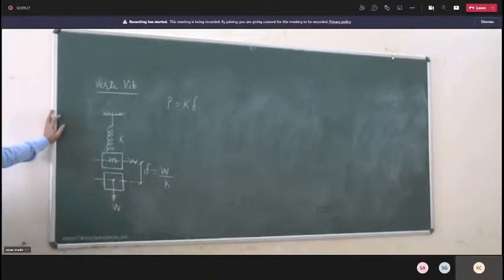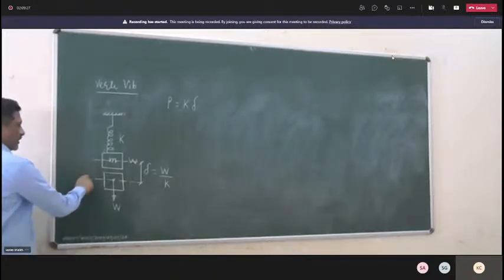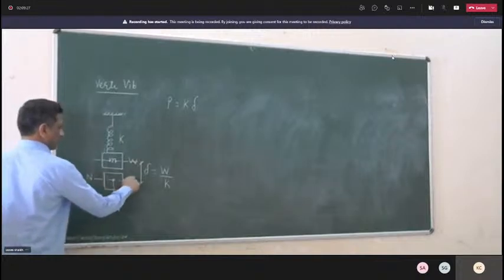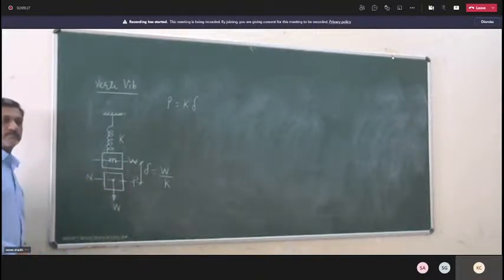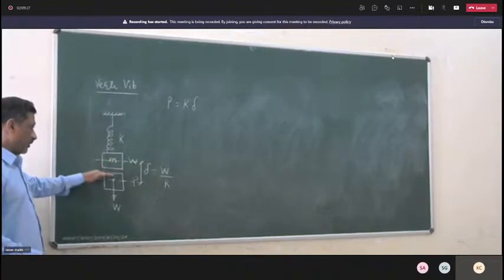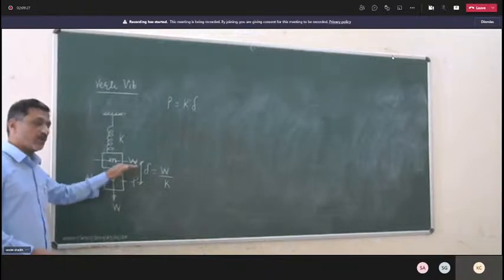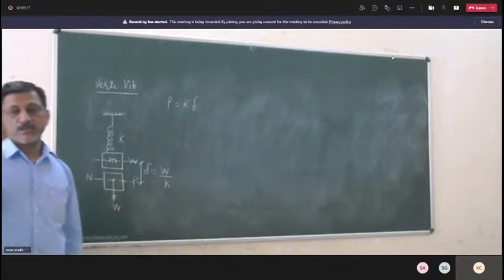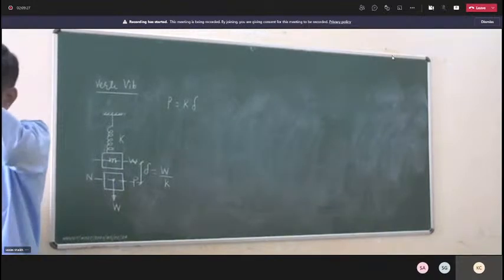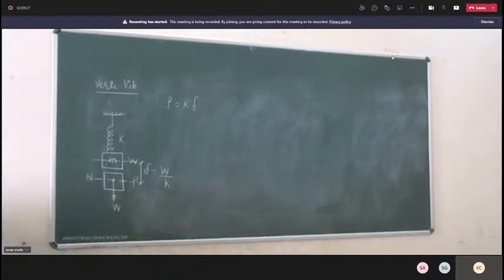Now in vertical vibrations, you have to take the static equilibrium position as the neutral position. After static elongation, it will be at rest, in equilibrium. That position you have to take as the neutral position. So for vertical vibrations, the static equilibrium position is taken as the neutral position.